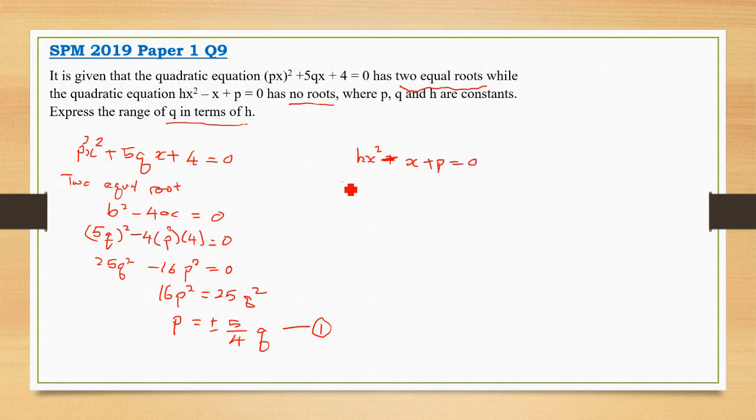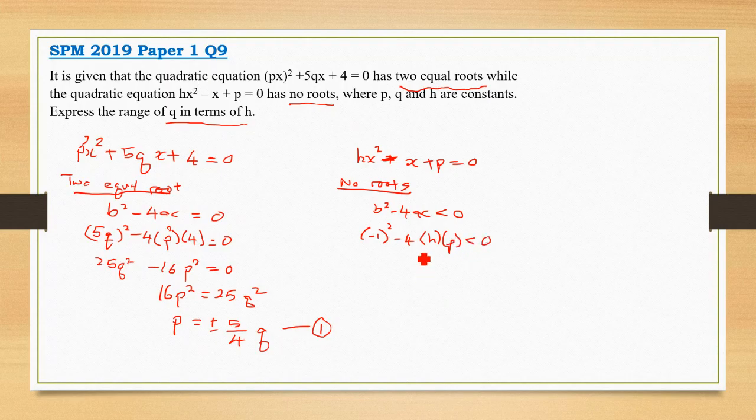So what do they say? No roots. So what is meant by the words no roots here? Okay, no roots here means your b squared minus 4ac is less than 0. Okay, no roots, refer back to the table I showed you just now. So what is your a, b, c? A is h, b is -1, and c is p. Okay, put it in.